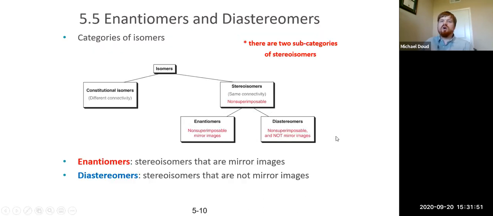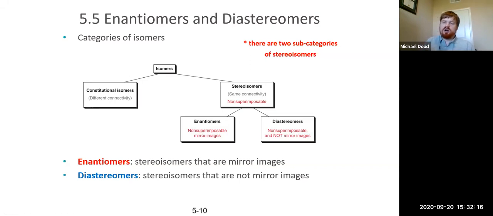Okay, all right, so in review, real quick, we want to talk about a different type of stereoisomer relationship. So you have isomers, you can have constitutional isomers on the one part, that's what we covered in the last chapter. Then you have stereoisomers, that's what we're talking about now. Now we have two subcategories of stereoisomers. We have enantiomers, which are the non-superimposable mirror images.